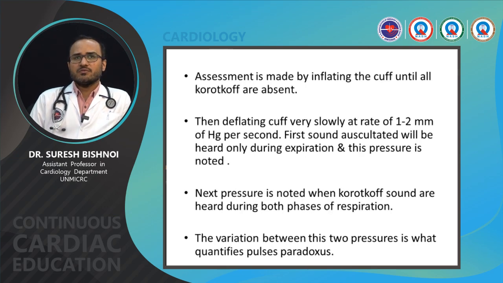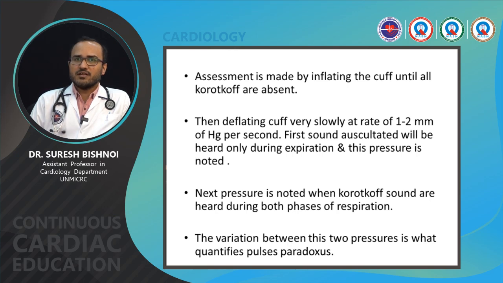Assessment, how do you assess? You inflate the cuff until all Korotkoff sounds are absent, or you inflate the bulb 20 millimeters of mercury above the systolic blood pressure. Then you auscultate, keep your stethoscope on the brachial artery, and you slowly deflate the cuff at the rate of 1 to 2 millimeters of mercury per second. Ask the patient to breathe quietly. Do not interfere in his breathing.